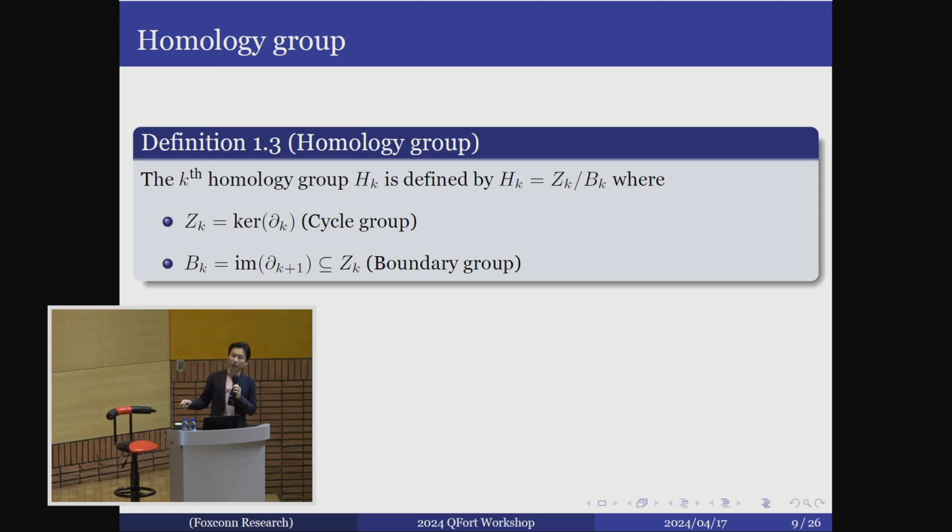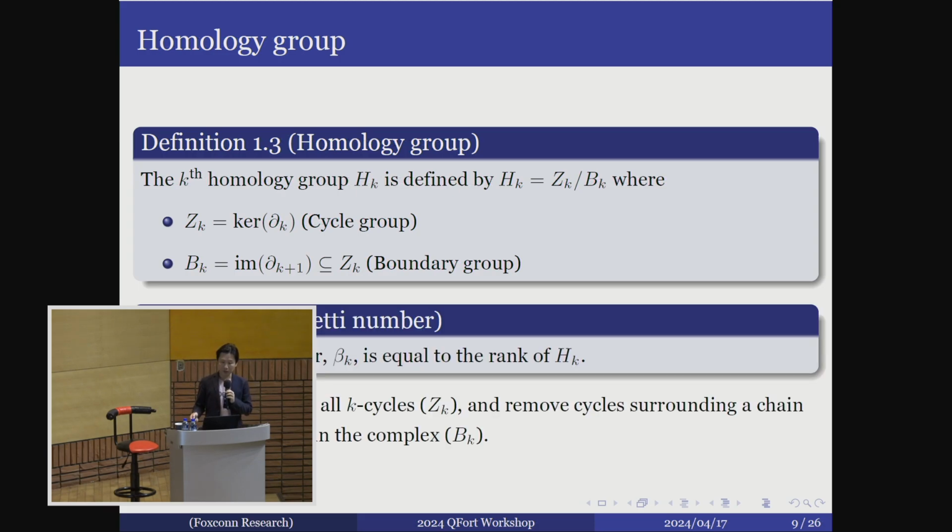And then from this, you can define the homologies. And the reason that we care about this homology is that the rank of the homology gives us the Betti numbers, okay? And if you think deeper about the definition of homology, it actually characterizes the K-dimensional holes in your space.